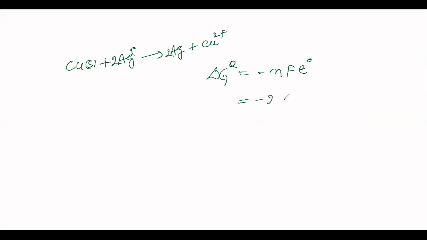So minus of 2 into 96,500 into E0 value is given to you. That is 0.46. This is the value. So you are going to get it in joules. 2 into 96,500 into 0.46.